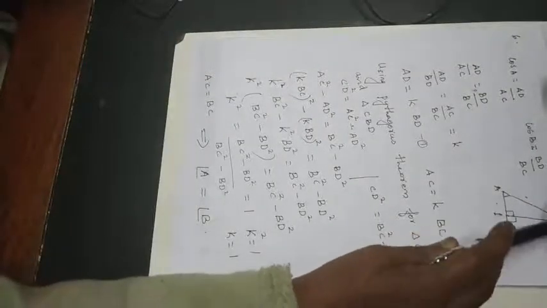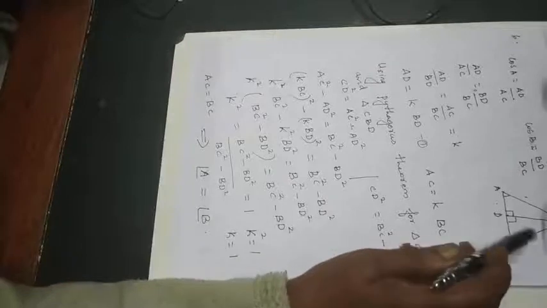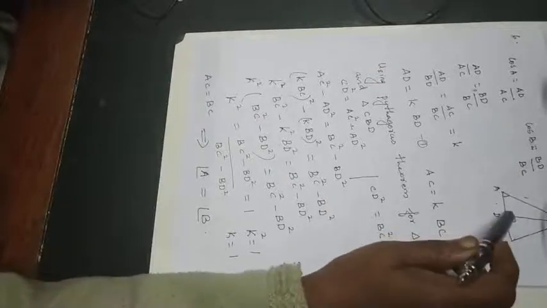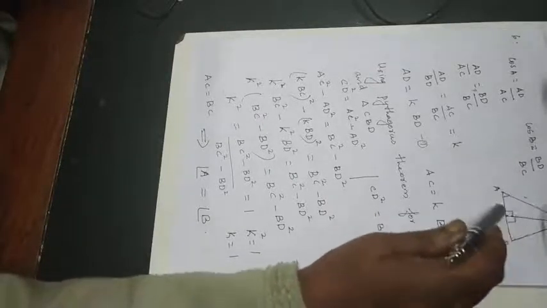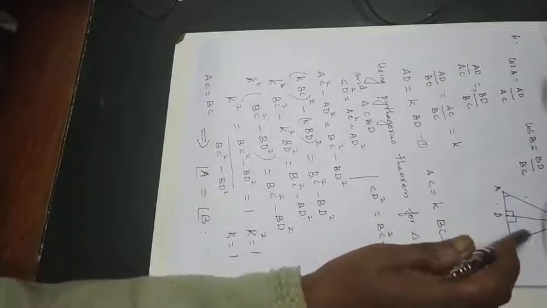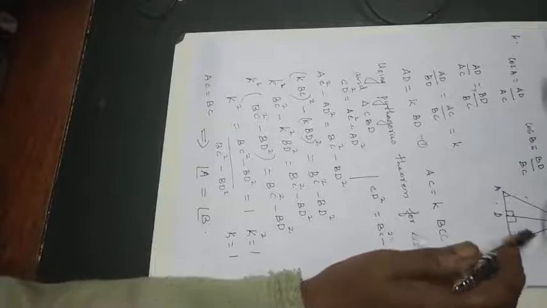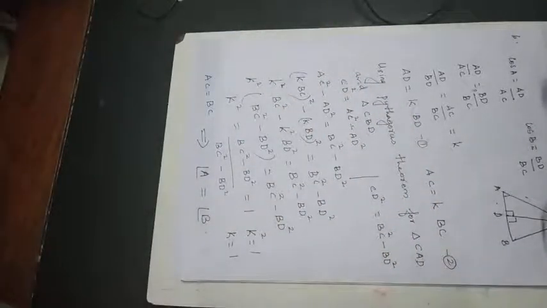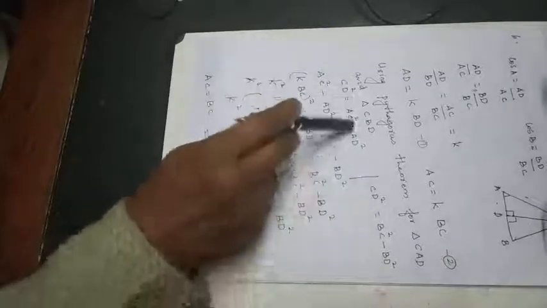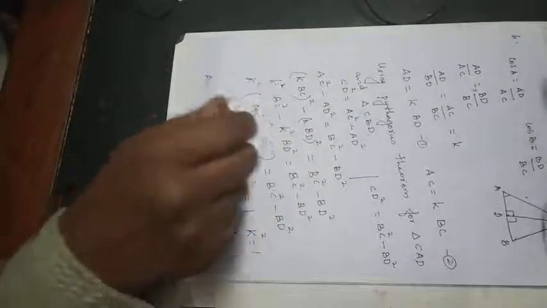Then applied the Pythagoras theorem for the triangles CAD and CBD. In that one, CD square is equal to AC square minus AD square, and CD square for the second triangle will be BC square minus BD square. We equate those two equations and put the values.